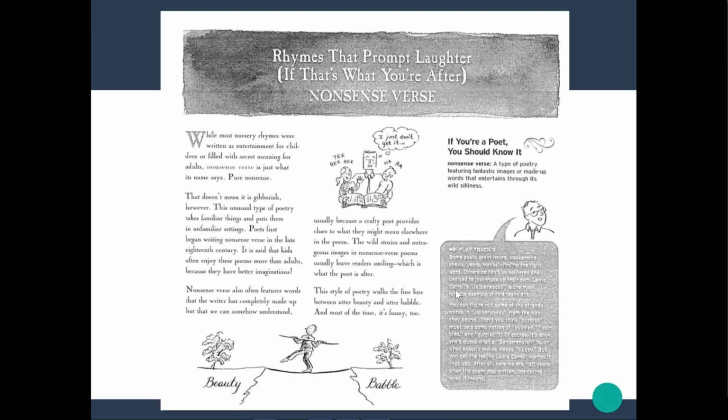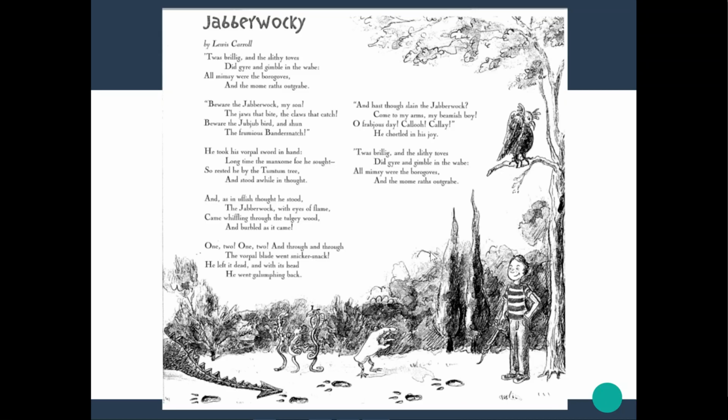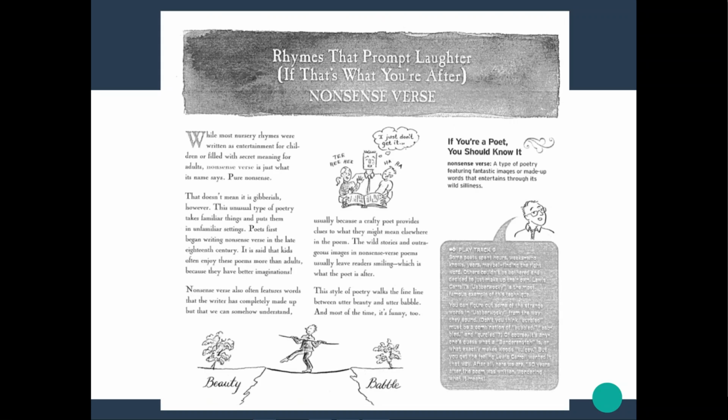So here we have the cover of the item. Here's one page, where they're providing that background, discussing different types of poetry, highlighting different poets. And then on this next page, we have the poem Jabberwocky by Lewis Carroll. So in this case, it's only Jabberwocky that you would find on the CD. Let's see if I can flip back. There we go. So all of this text that we're seeing here is not actually on the CD.